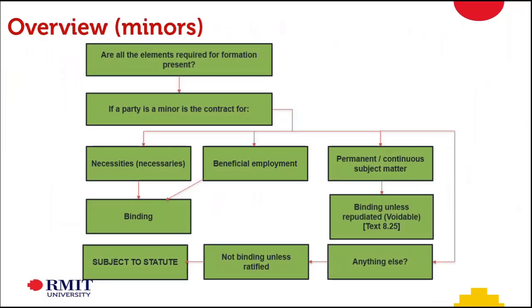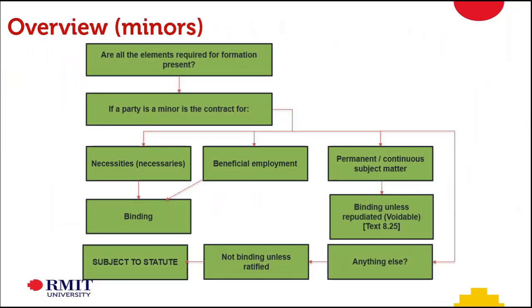So, the overview in relation to minors, I don't intend to go all the way through this because we're down to the last hour and I want to do some problems. Basically, what's important to remember is that if there is a capacity problem, it means that the person who has the incapacity or disability can avoid the contract.